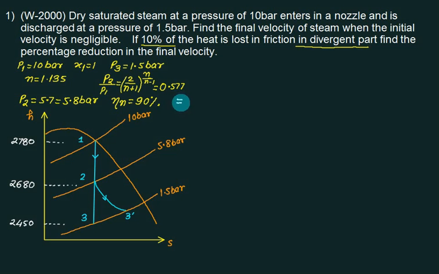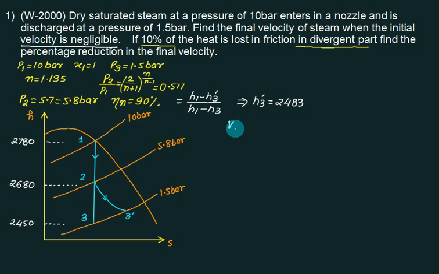Nozzle efficiency equals (H1 minus H3 dash) upon (H1 minus H3). Confirm in the problem that the inlet velocity is negligible.